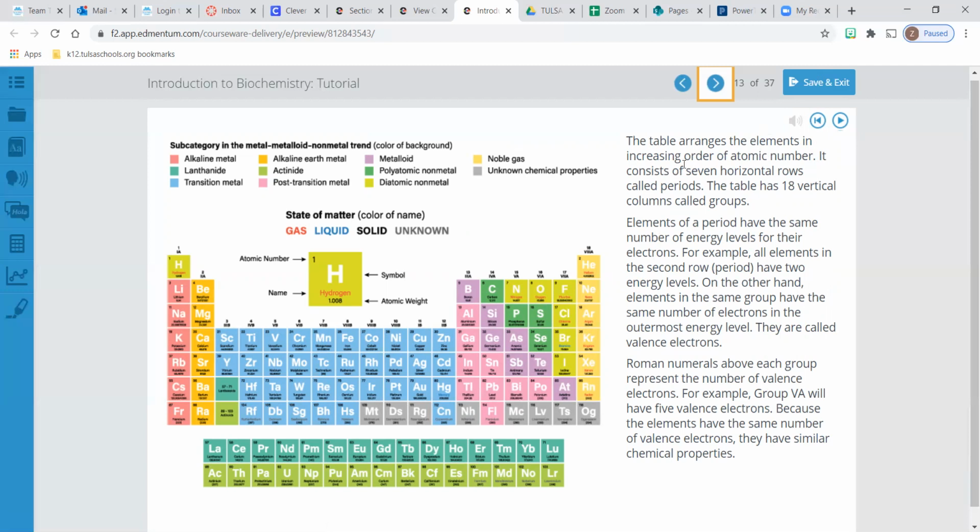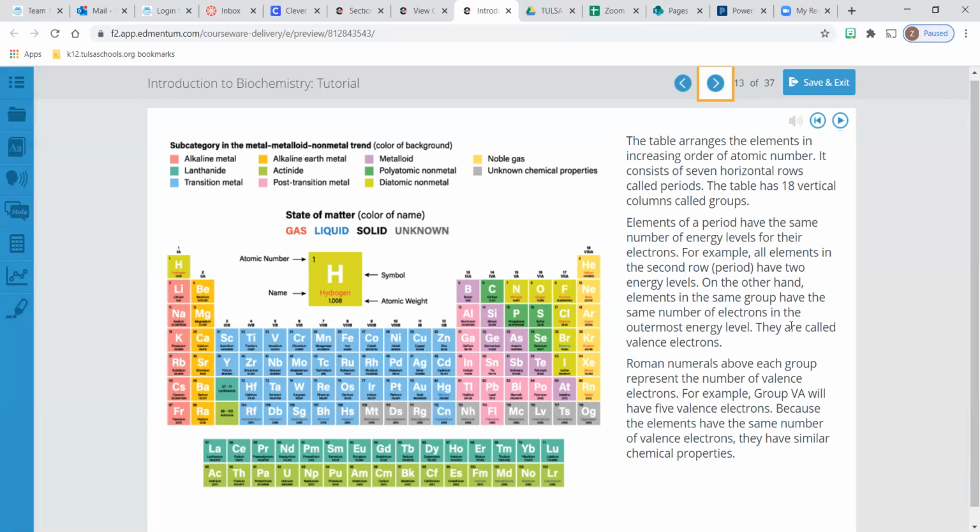But they are arranged in increasing order of atomic number. So it starts out with 1, 2, 3, 4, and then keeps on going in that order horizontally. The table has 18 vertical columns called groups.